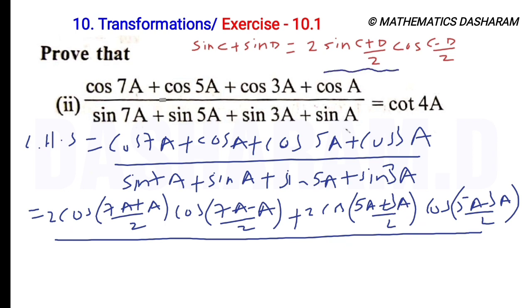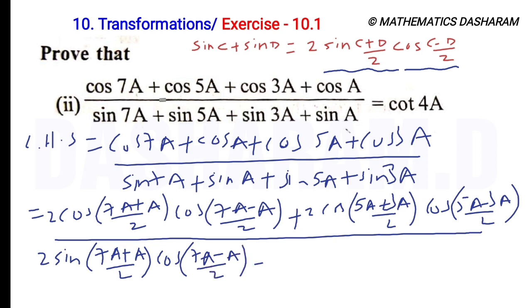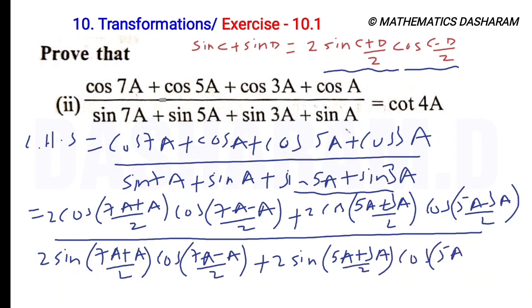is equal to 2 sin C plus D by 2 into cos C minus D by 2, so 2 sin, that means 7A plus A by 2 into cos 7A minus A by 2, plus here also the same formula, so 2 sin 5A plus 3A by 2 into cos 5A minus 3A by 2.